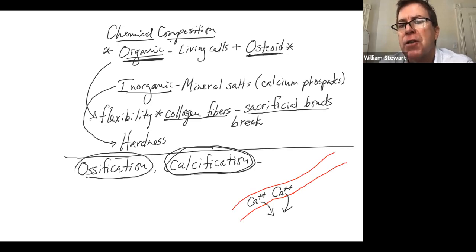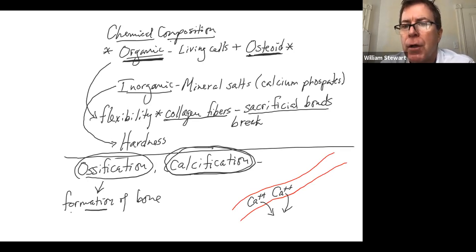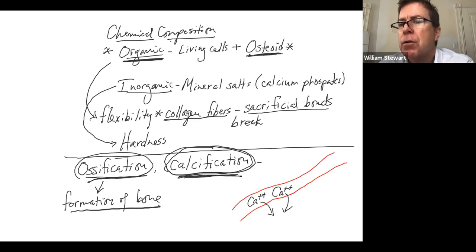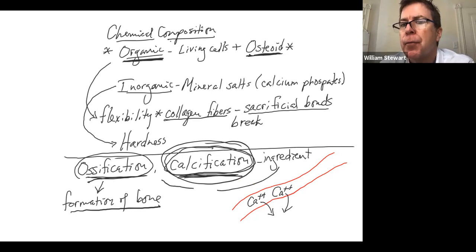Ossification means the formation of true bone tissue. Now, in order for this one to occur, we need the other process to happen first. So really, this is a required ingredient. We have to have calcium deposited into specific tissues or an area before ossification, true bone formation, can occur.